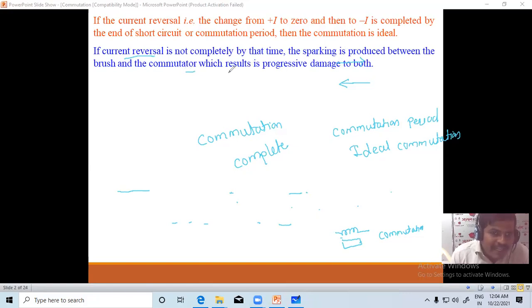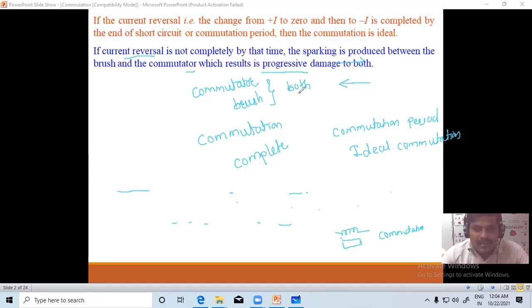And if the sparking is produced, the result is progressive damage to both. दोन्ही काय होतील? Progressive damage to both. So the commutator segment may get damaged, or the brush will also be damaged, or sometimes both may be damaged.